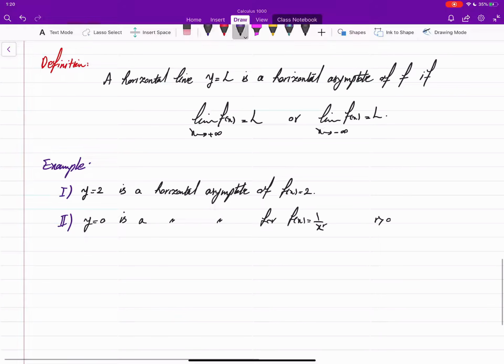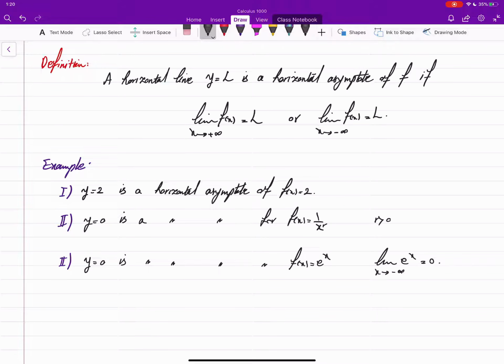And the other line: y equal to 0 again is a horizontal asymptote for the function e to the power x. Remember, because the limit of e to the power x as x goes to negative infinity is equal to 0.